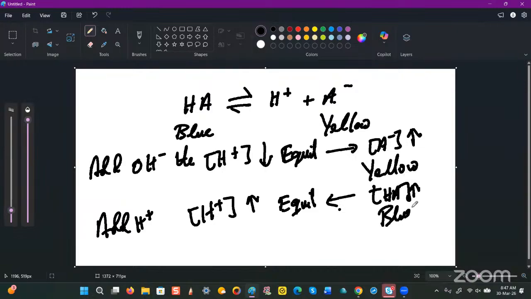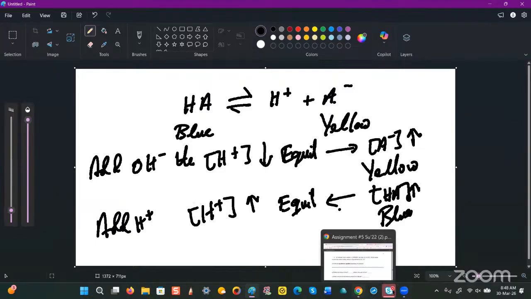So that's basically how an indicator behaves. It depends on which one is in greater amount in terms of concentration, and the one in greater amount, either the acid or the conjugate base, will determine the overall color of the solution. Okay, so with that said, let's go to the question.